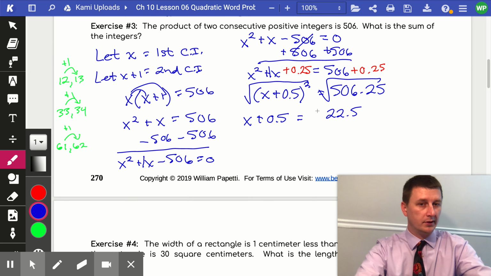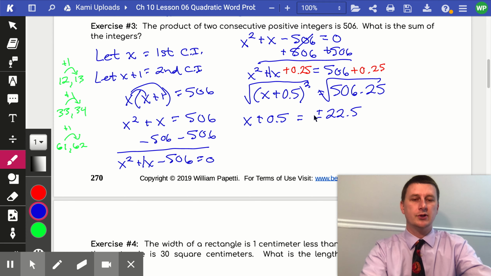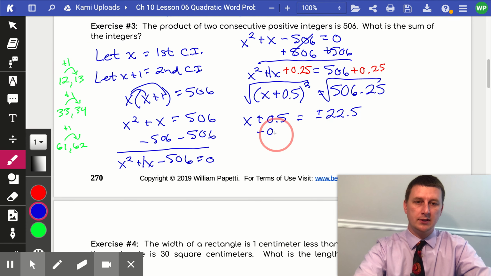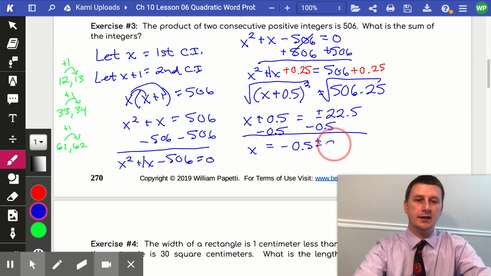But remember that square roots have both a positive and a negative solution. So our final step to get our answer is going to be to subtract the 0.5 from both sides to get x by itself. And we're going to be left with negative 0.5 plus or minus 22.5.